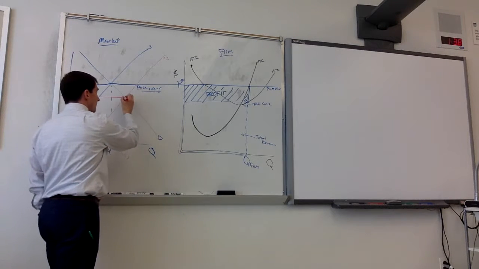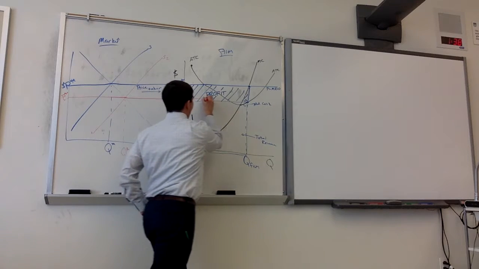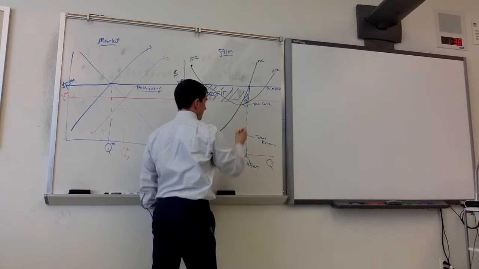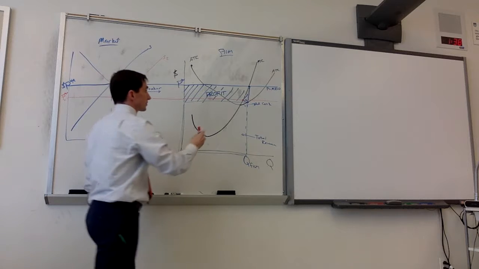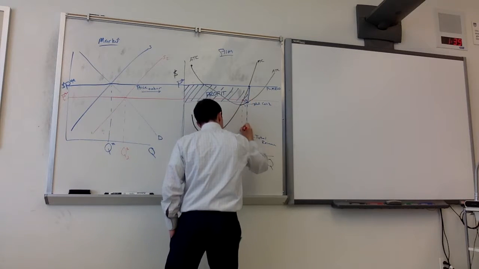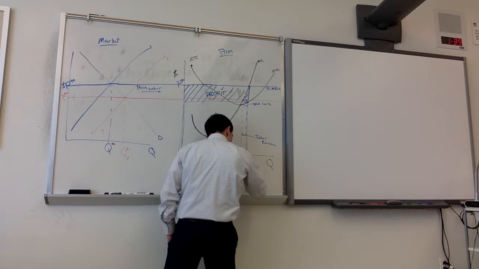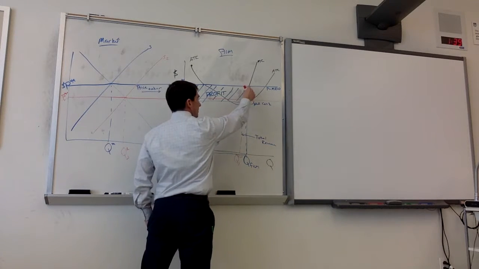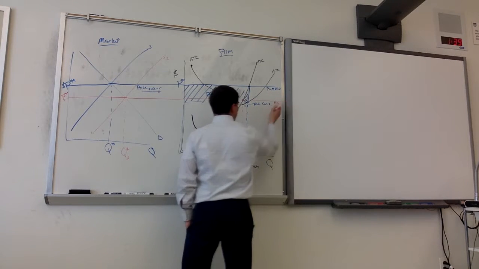Everyone that's still in the market is still a price taker. The price went down, so this firm produces less. That makes sense because marginal cost is increasing, and here's marginal revenue too.